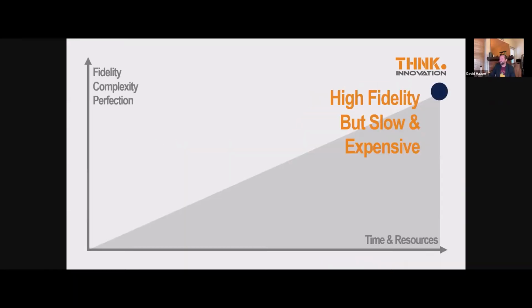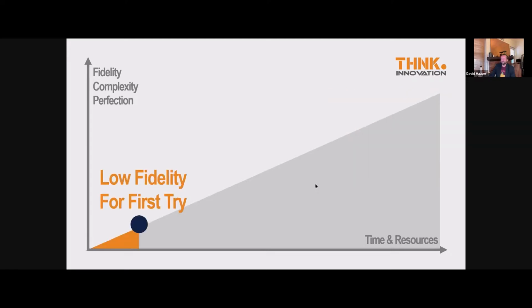When we talk about building a prototype, we can talk about building a high fidelity, very expensive prototype, which takes us ages to design. But that's not what we want to do in the early stages, when we have not verified that we're on the right track, right? The more complex our prototypes and our designs and builds become, the more time and resources are required to build them.